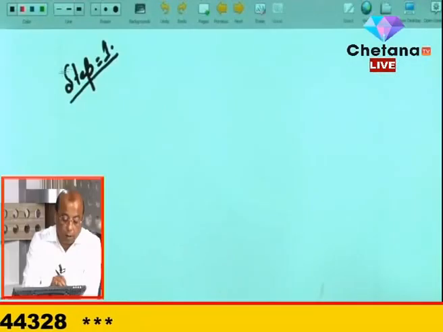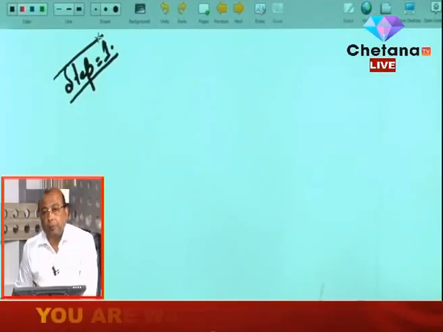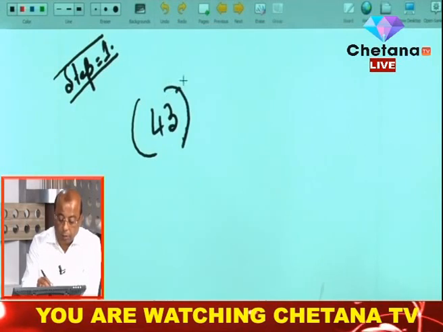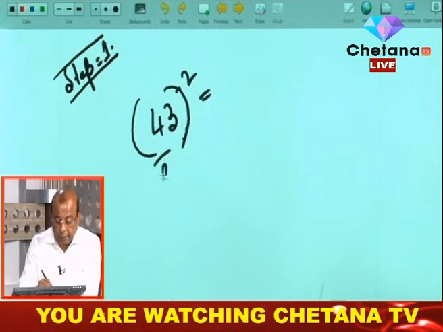Method of square, step 1. 43 whole square. A is 4, that is B, 3.